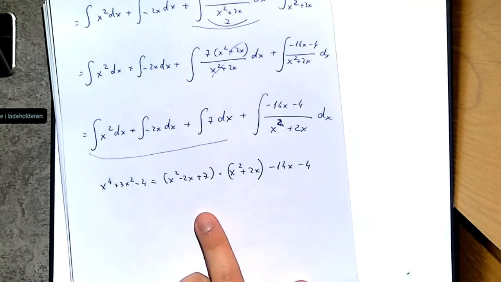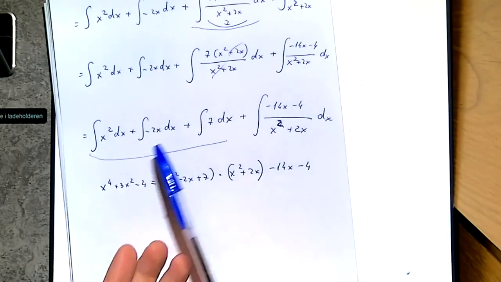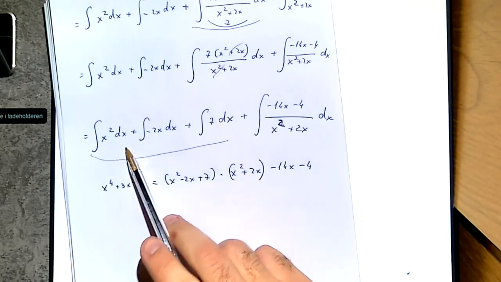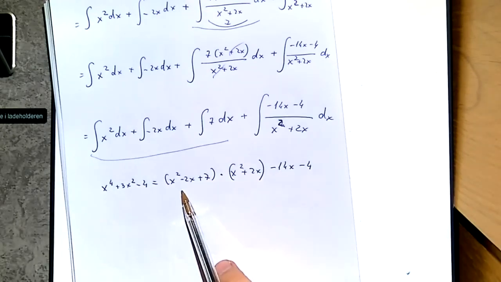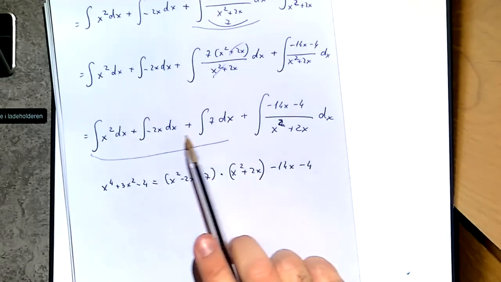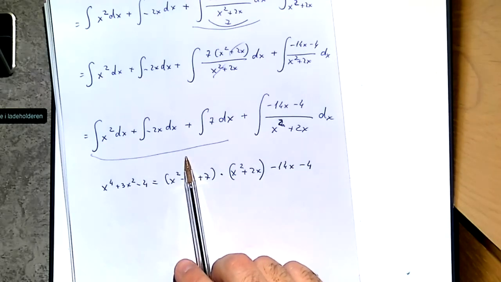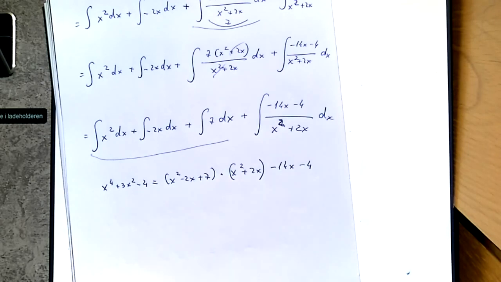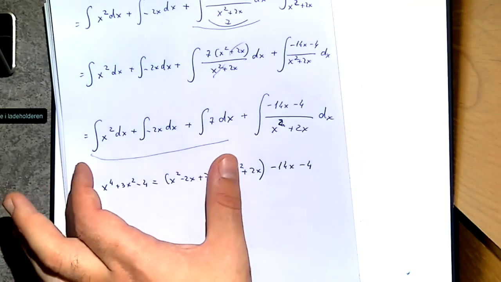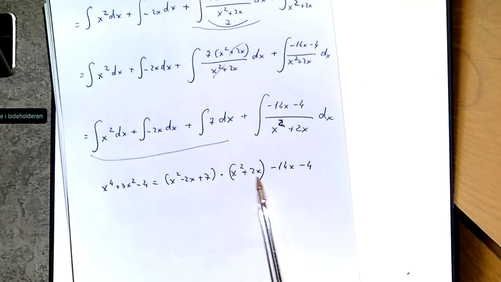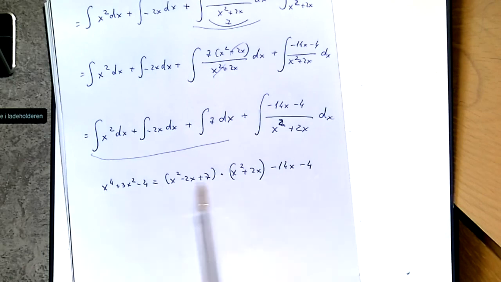This x squared minus 2x plus 7 is basically what you get after dividing, and this is the remainder of the division. If you just write me something like this, then you're done. Okay.